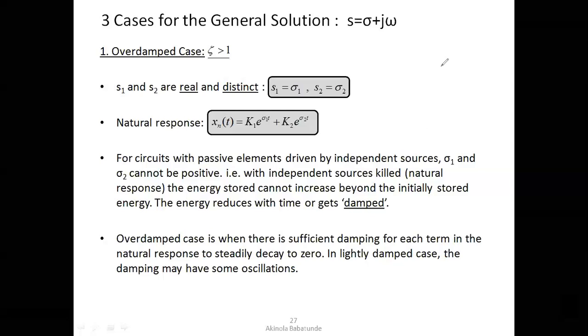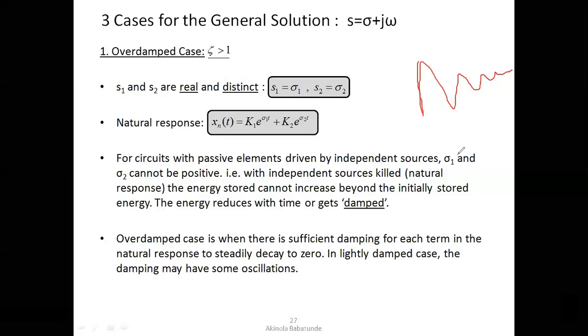When you have a damped situation, the oscillation will start reducing gradually, going down until it stops eventually. This happens when you kill the sources in a circuit, and that is why it is safe to assume that the solutions cannot be positive. The natural response just keeps going down.